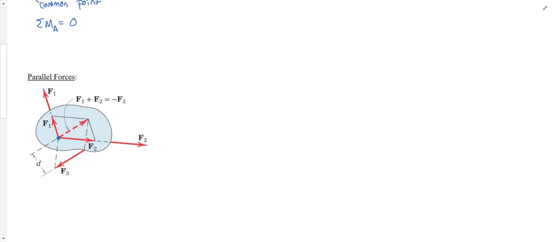Now, for this one, where we've shown them as equal and opposite, note that the sum of the forces would be 0 for this. So this actually has no net resultant force.